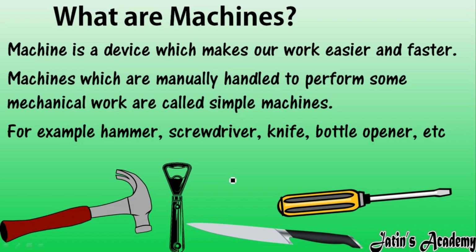It is very difficult to open the cap of a bottle by hand, but by simply using a bottle opener, within a fraction of a second we can easily open it. So the devices which make our work easier and faster are known as machines, and machines which are manually handled and contain only one or a few moving parts are known as simple machines.